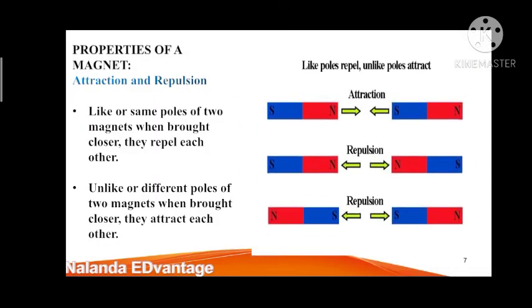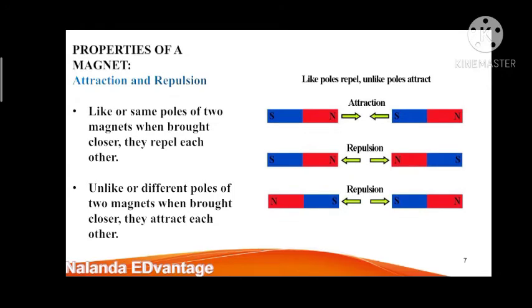Now, let's see the properties of a magnet. The first property is attraction and repulsion. We know that a magnet has two poles, a north pole and a south pole. The rule says that like poles, or the same poles of two magnets, repel each other when brought together. So if you bring north and north or south and south together, they repel each other, as given here in the diagram.